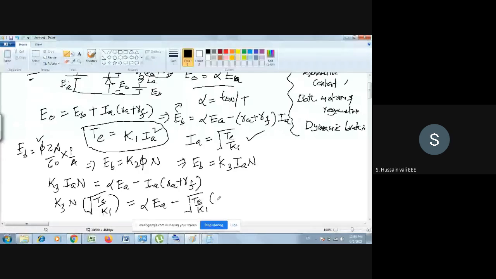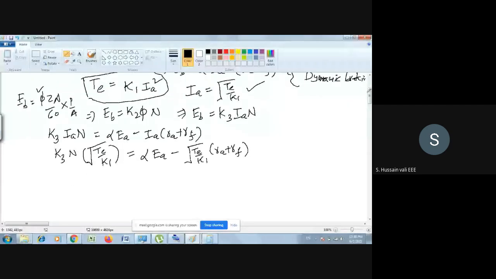Now you see here, it becomes a relationship between speed and torque. I want to find what N is here.